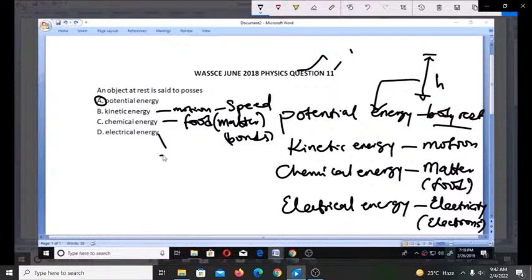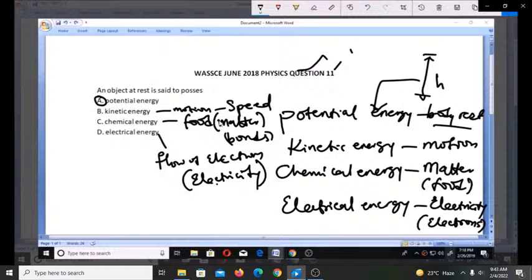Electrical energy is energy due to the flow of electrons, or the energy caused by electricity. This electrical energy is highly applicable in so many things. So I'm talking to you now, I'm using electrical energy to power my system and other things. So that is that for this. Thank you.